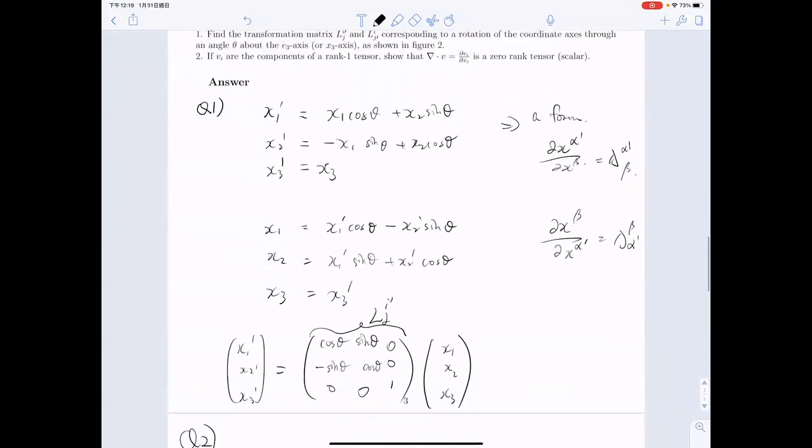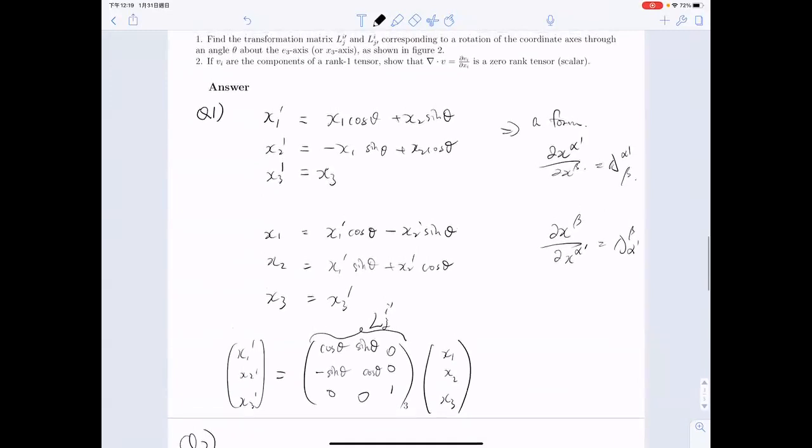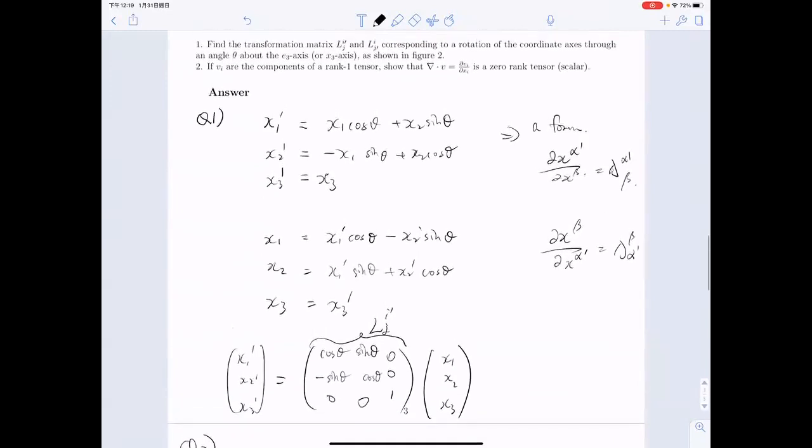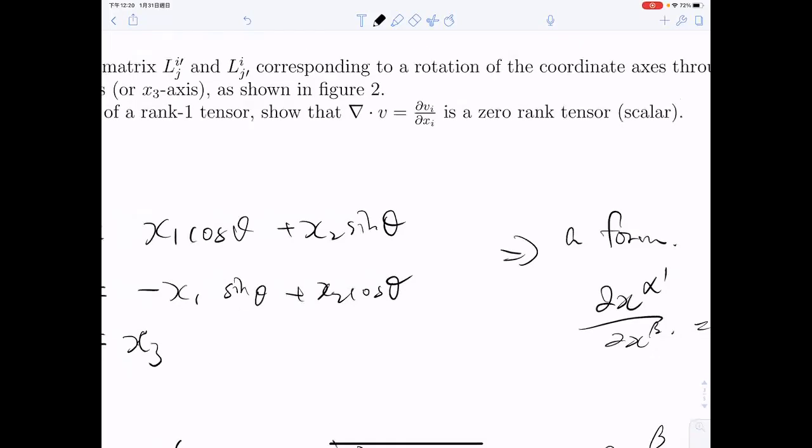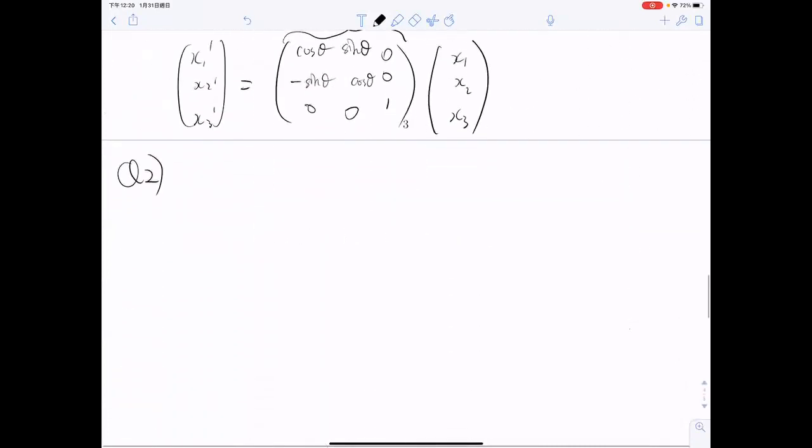The question is, if V_i are the components of a rank 1 tensor, which has to be one-form components, then del dot V is a zero rank tensor. Basically, a zero rank tensor is a zero order tensor, which is a scalar. How do we do that?